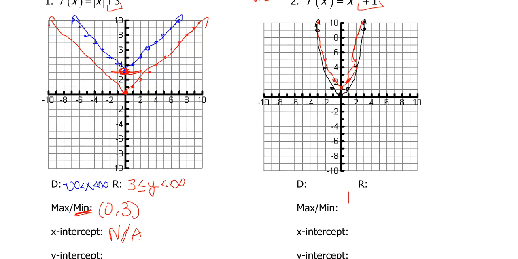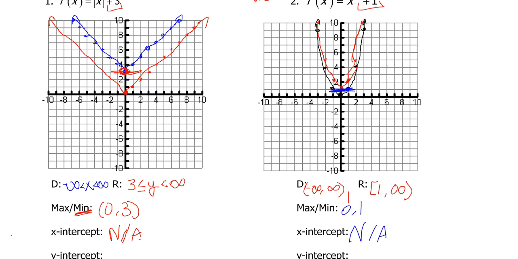Now, for number 2, the domain is going to run from negative infinity to infinity. And the range is going to start at 1 and run all the way up to infinity. The minimum, as we can see right here, it bottoms out at 0, 1. The x-intercept, not a thing on this one.